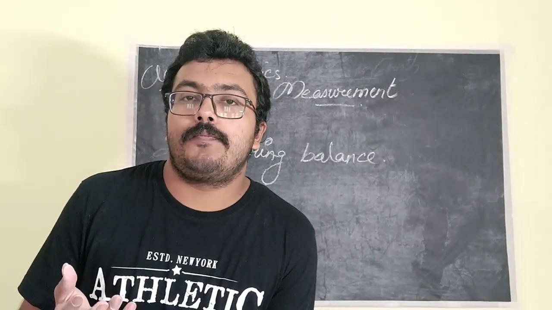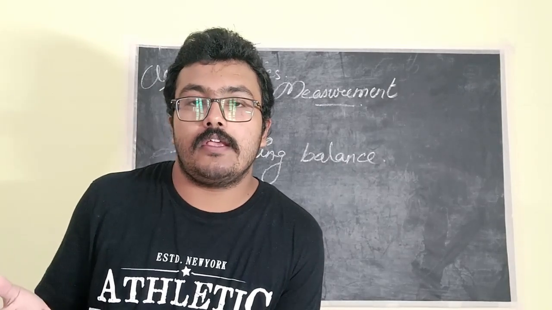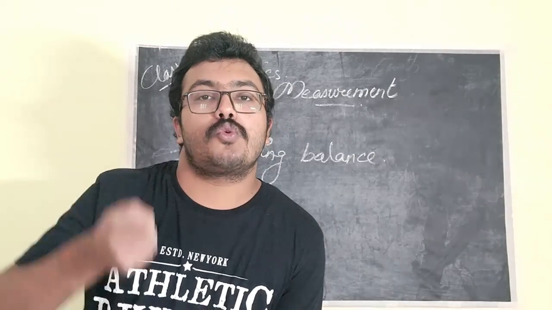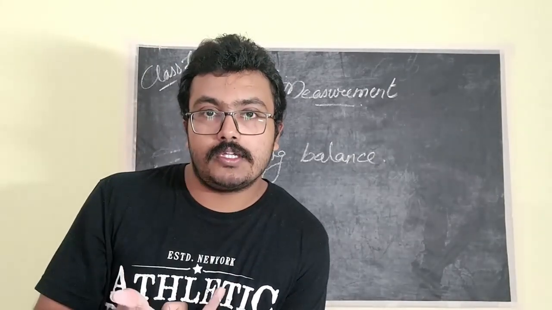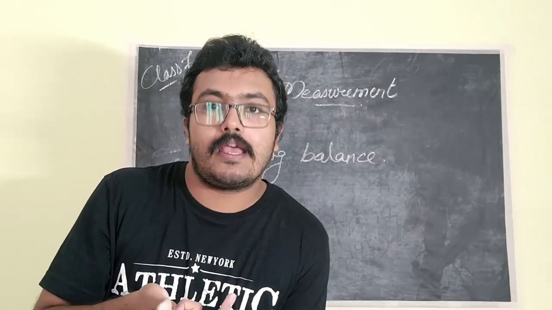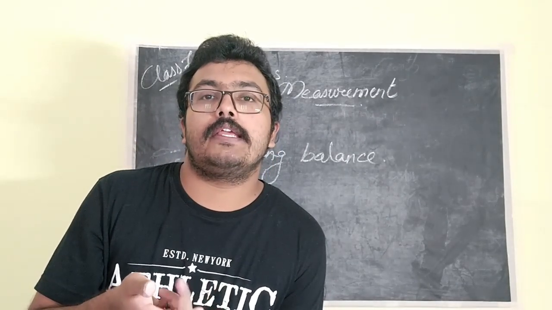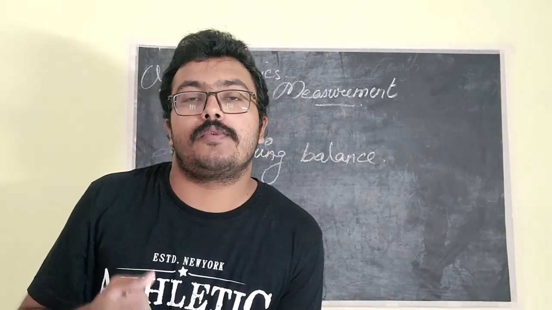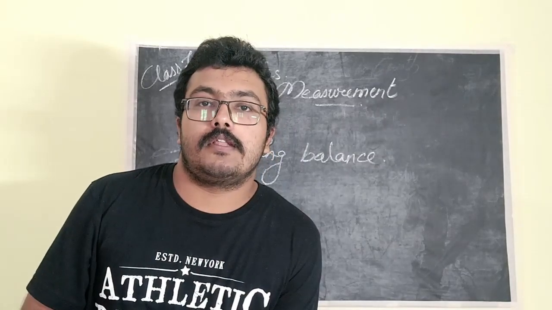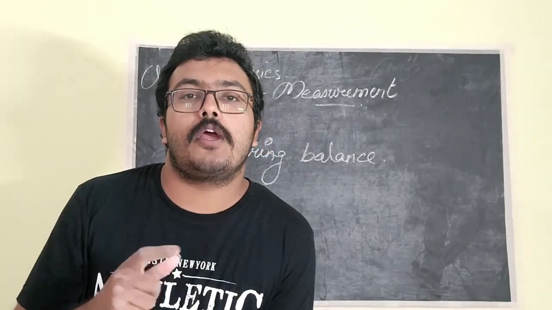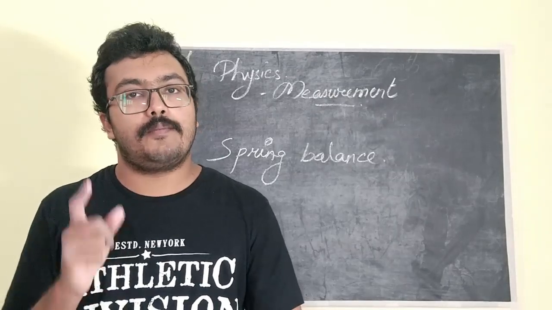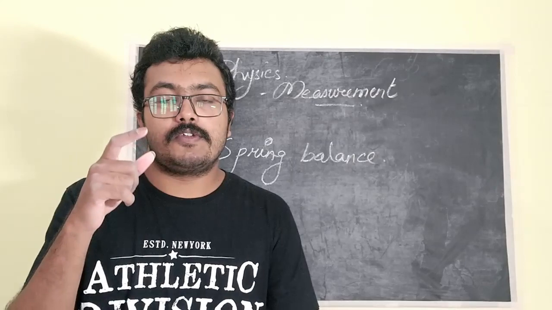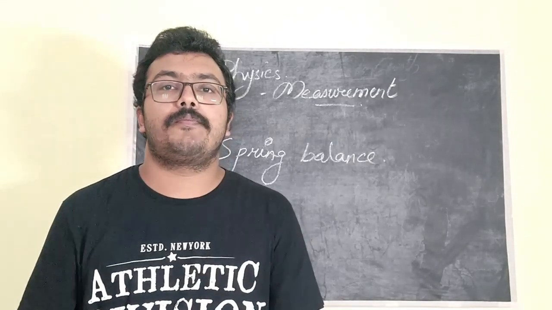Whatever you want to weigh, you attach to the hook, and when you raise it, the spring extends and the pointer points to the numbers written on the scale, so that we get the weight of the substance. Hope you understood what a spring balance, a physical balance and a beam balance are, and the difference between mass and weight.